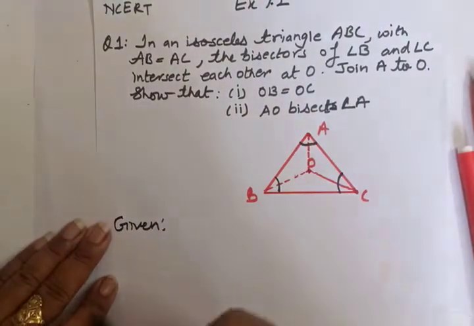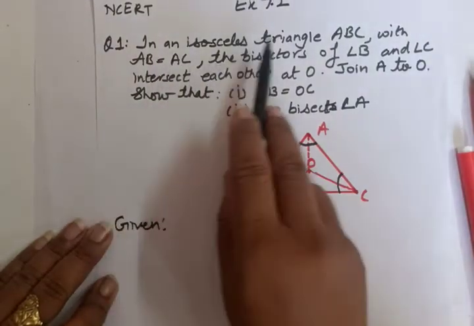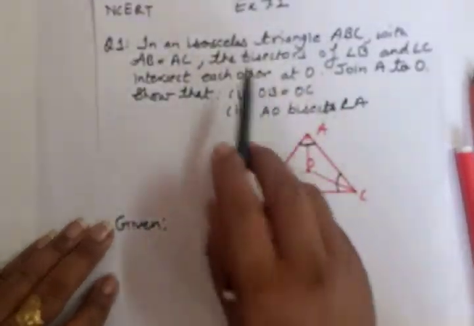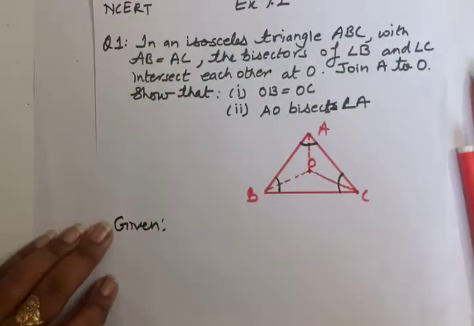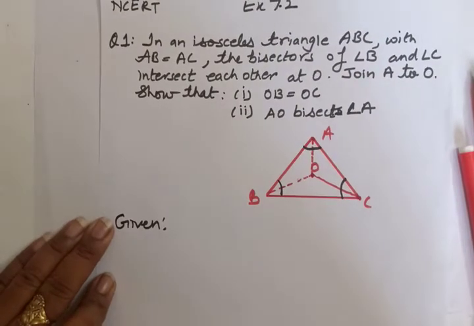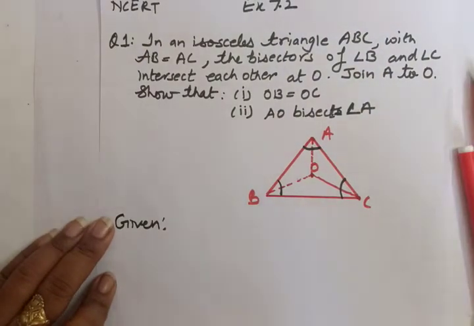Okay, now back to the question, how we can write. In an isosceles triangle ABC, see, here the word isosceles comes. As soon as the word isosceles comes, the property of an isosceles triangle should come to our mind. So what is the property of an isosceles triangle?